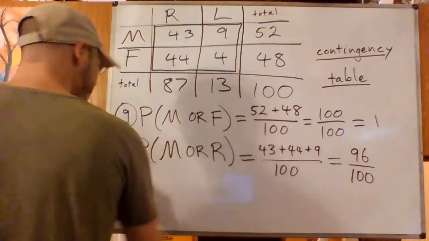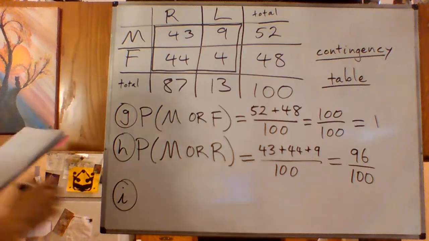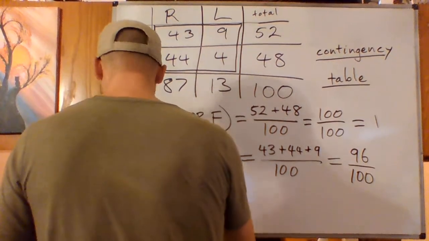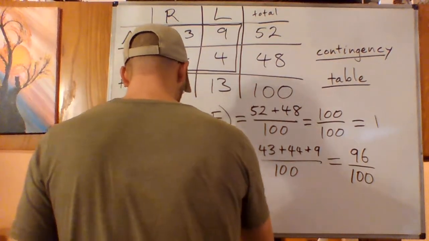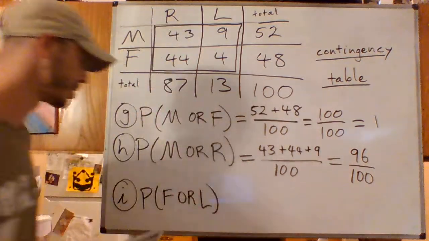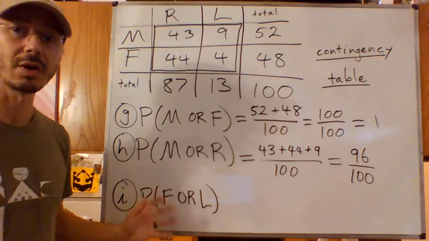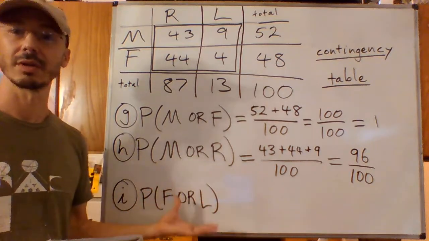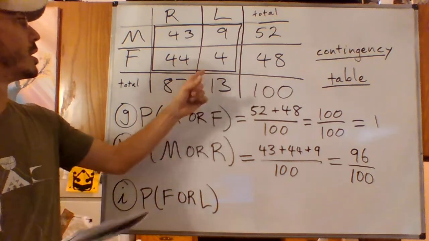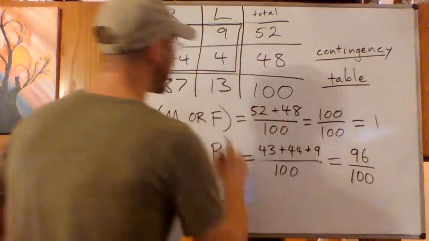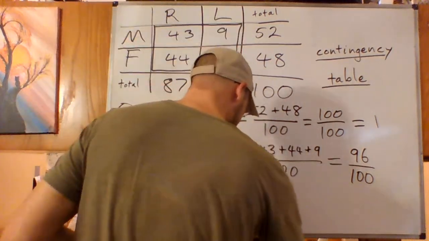Part I says they want the probability of F or L. F or L, so female or left-handed. That means female or left-handed or both, left-handed female. We're going to do it the same way though. The left-handed females, definitely, they're both.